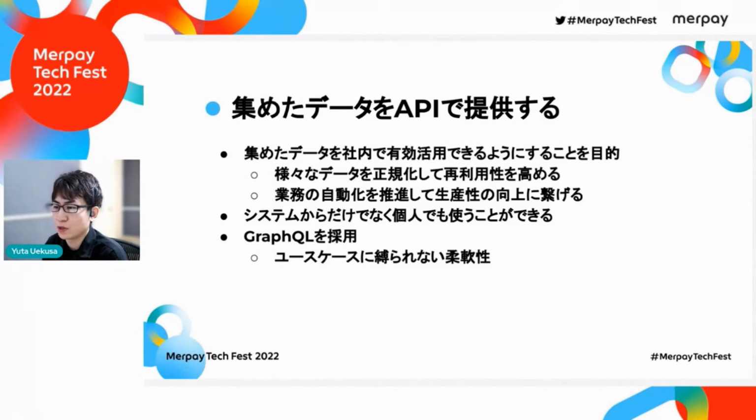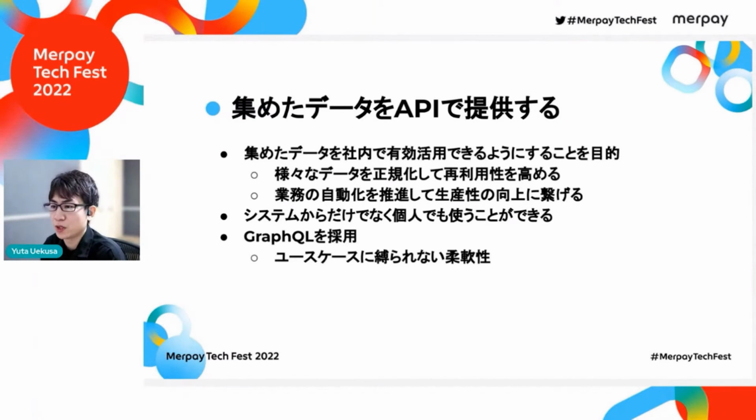By normalizing various types of data and making them reusable, they can be used conveniently when similar data is needed in different use cases. We also hope that this will promote the automation of operations and improve productivity. This API is not only available from the system, but also for individual users.